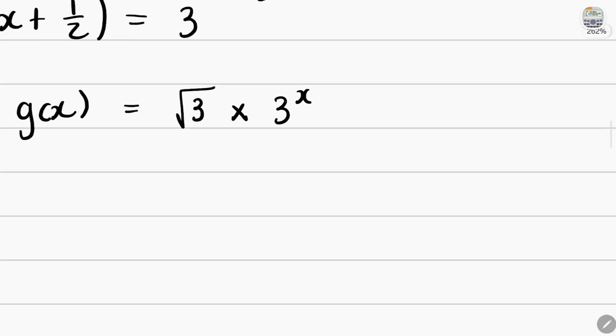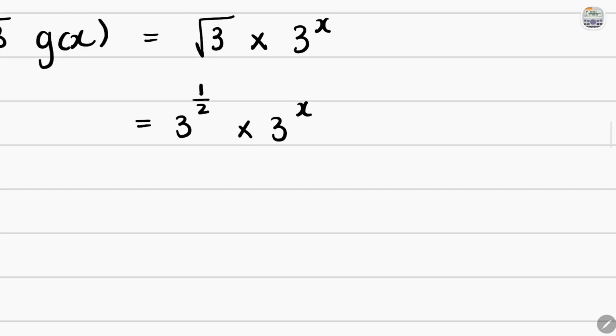Great. This is making sense because we have these two. You see the base is 3. Just rewrite this as a base to the power of a rational exponent, like from calculus. So 3, and we have the inside exponent being 1, the outside exponent being 2, because this is the square root of 3. So this is 3 to the power of 1 over 2 multiplied by 3 to the power of x.